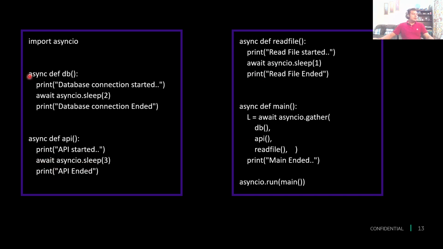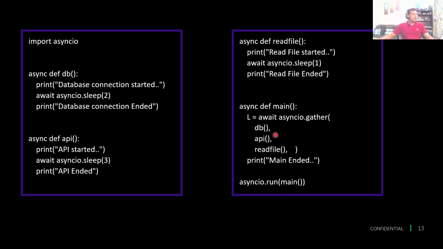As these are async, they will be treated as coroutines and all of them have await. So we are just introducing that maybe this particular coroutine will take 2 seconds of time. Similarly, for API we are selecting 3 seconds, and for read file 1 second. So we can see that no matter what order we call, our read file should be completed first.